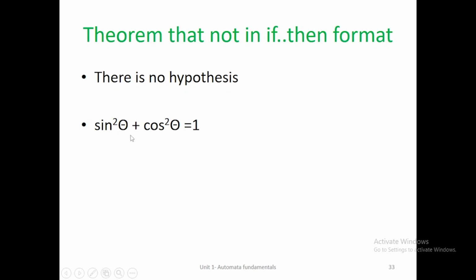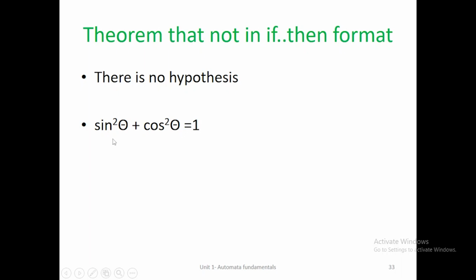We should take theta value as 0 or theta value as 30, 45, 60, 90 like that. So I am taking theta equal to 0. Sin 0 value is 0, so obviously sin squared 0 is also 0. Cos 0 is 1, and 1 squared is 1. So the LHS part and RHS part are the same for theta equal to 0.